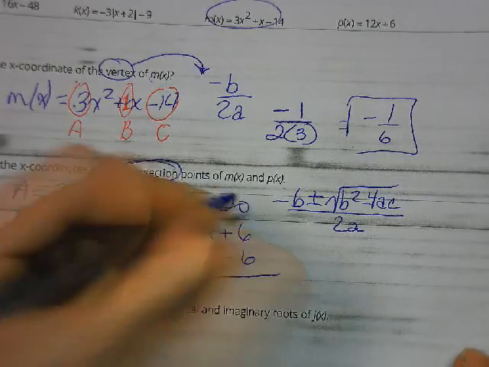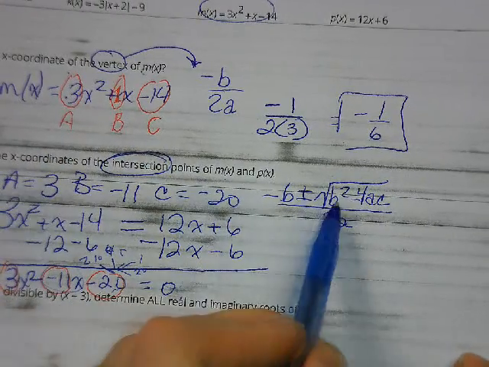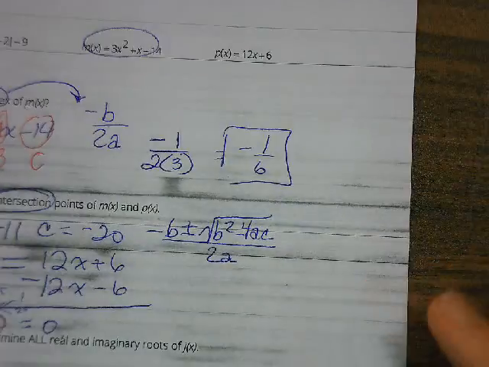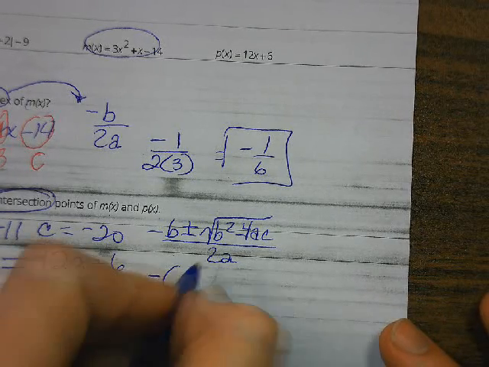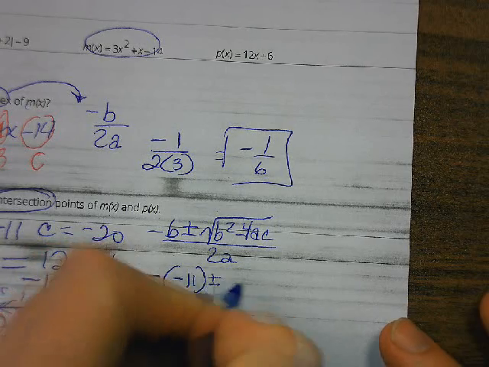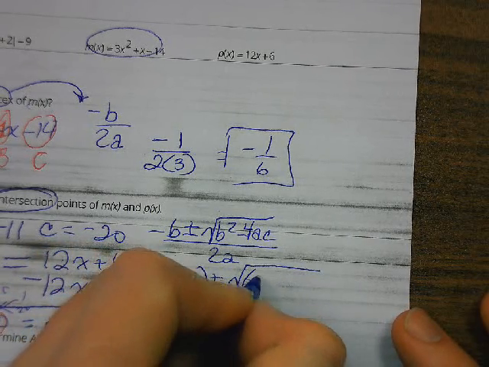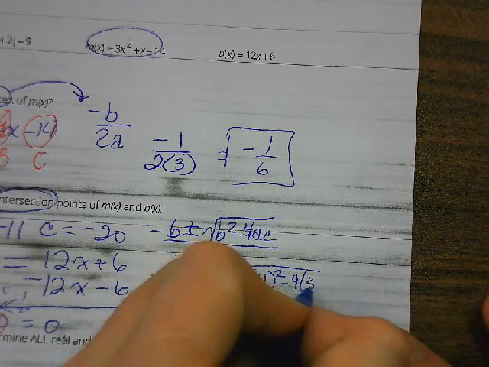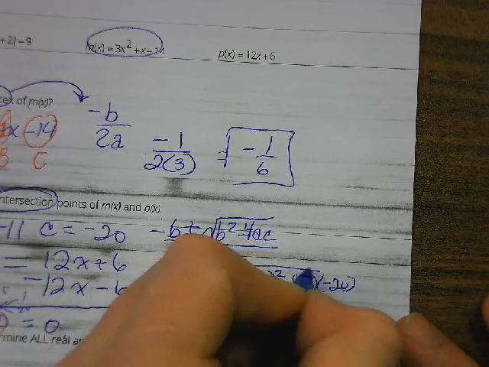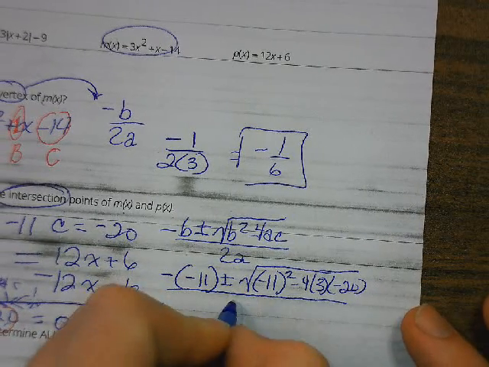Let's substitute in to this formula. We have negative B plus and minus the square root of b squared minus 4 times a times c, all divided by 2 times a.